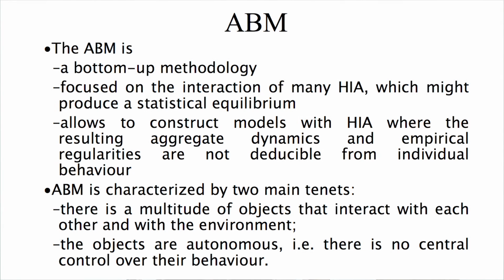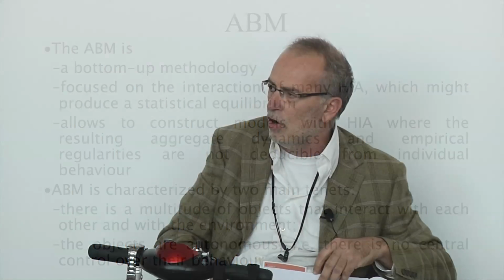So, according to me, agent-based is basically characterized by two main elements: the multitude and the fact that there is no central authority. And the real problem is the emergence. We have no theory of emergent behavior.